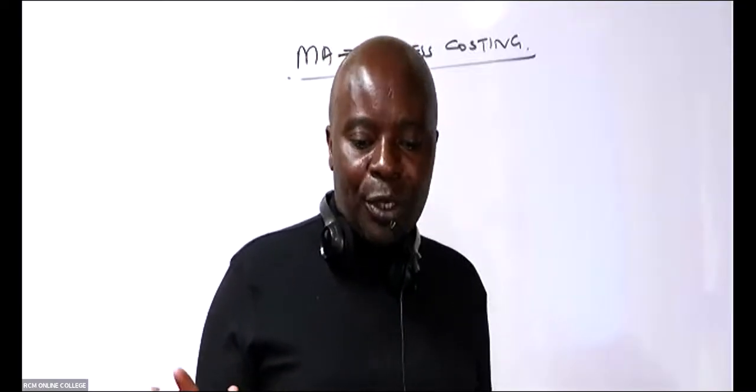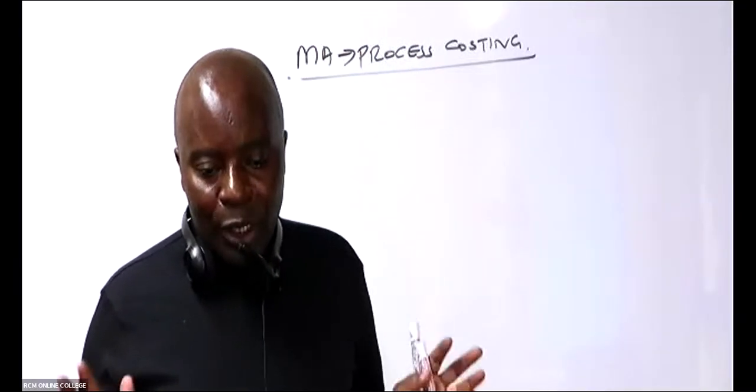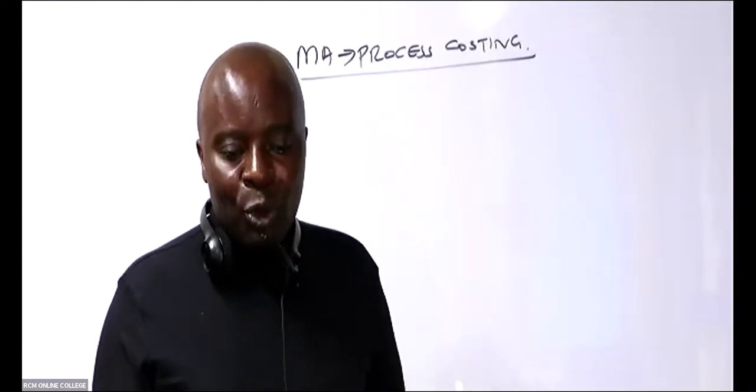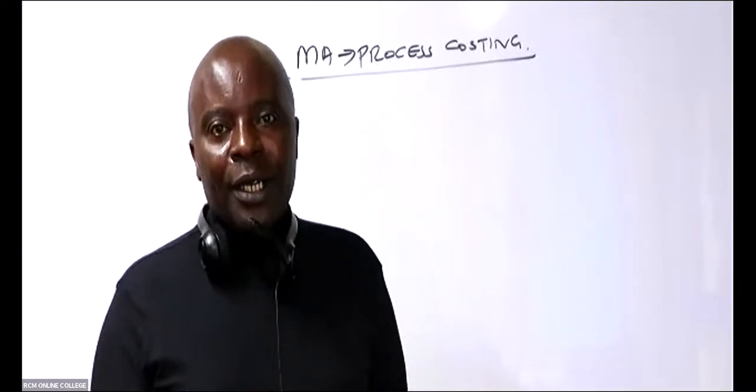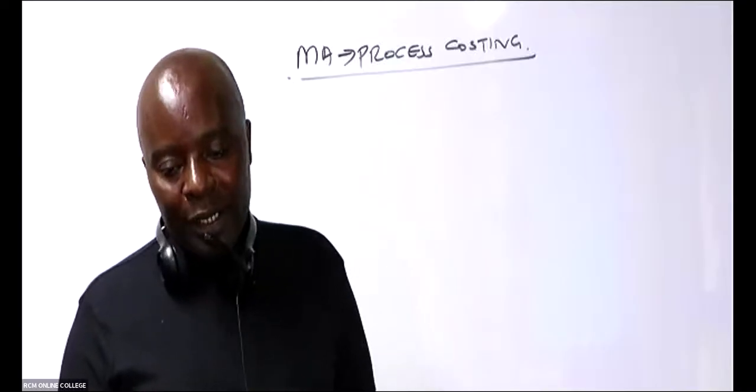And then the last lesson, which will be next week on Thursday evening, I'll do what we call work in progress, both closing work in progress and opening work in progress. Those are the only areas which are left. So let's see how far we can push this particular area in an hour.